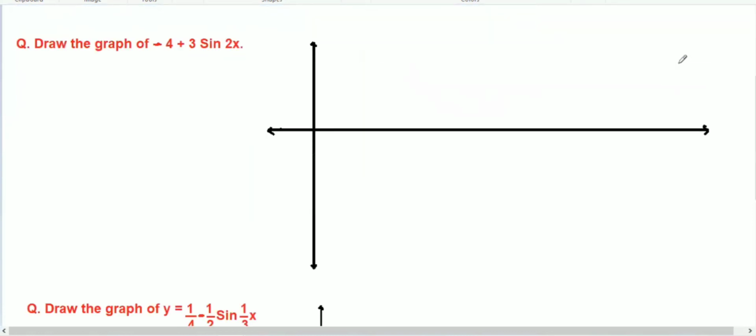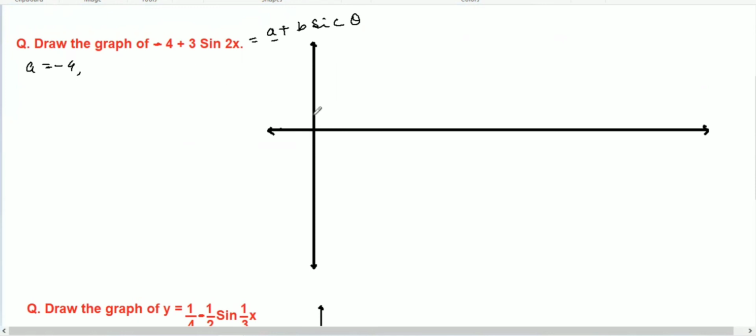Now the next question. This time I have taken: draw the graph of minus 4 plus 3 sine 2x. This is also in the form a plus b sine c theta. Here you have a equal to minus 4. What does that mean? This time the midway line will be minus 4.